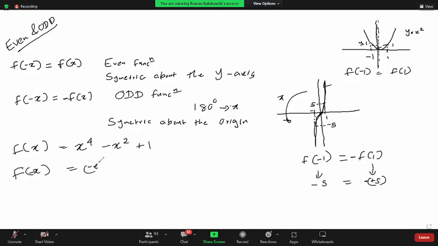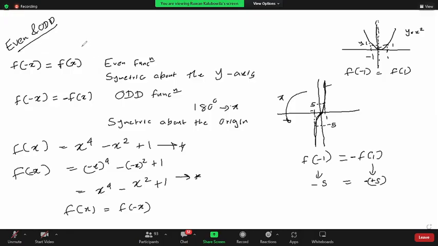If you apply minus x, then it should be x^4, and it should be -x^2 + 1. Now see, both functions are the same. That means we can write f(x) equal to f(-x). So we can call x^4 - x^2 + 1 an even function.